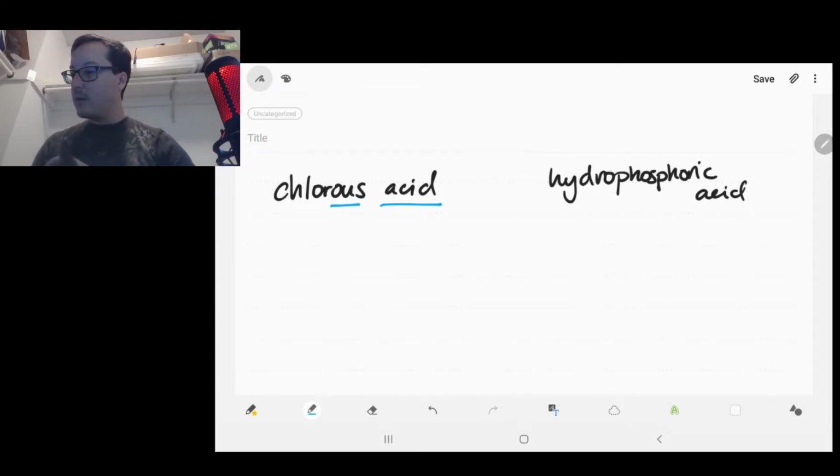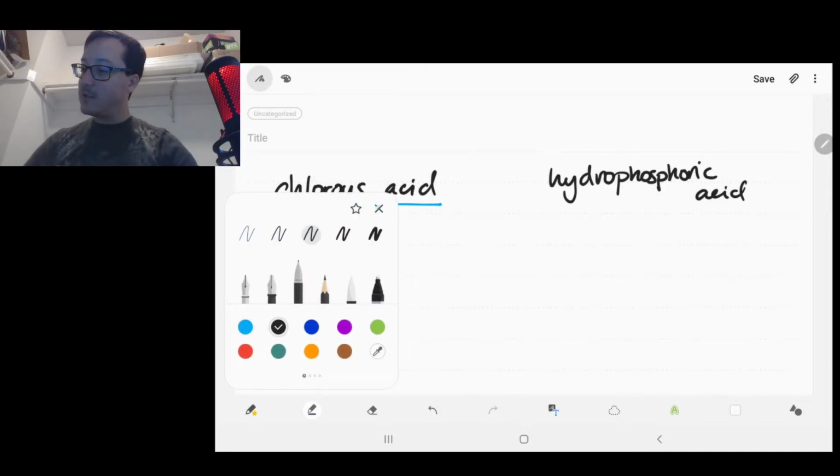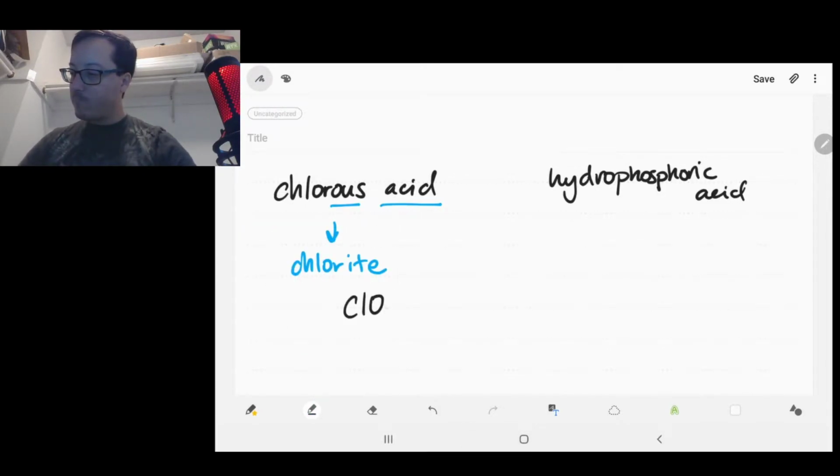And if we remember what that meant, our original ion was chlorite, right? We had the ite ending that led to ous acid. And so then we're going to need to remember that chlorite is ClO2 minus. So very important that we keep that together there.